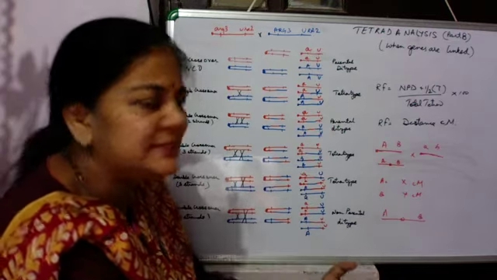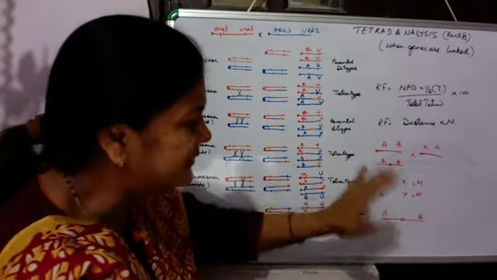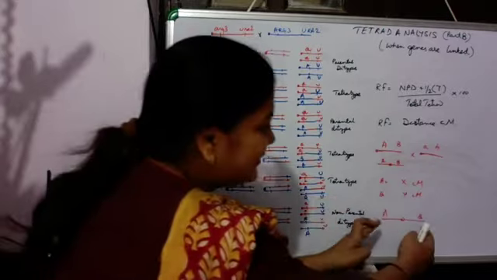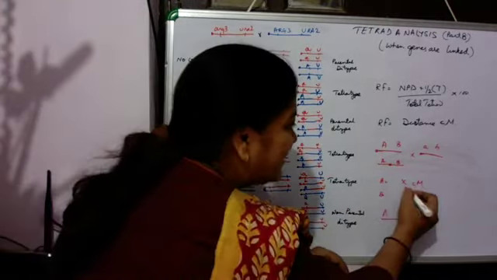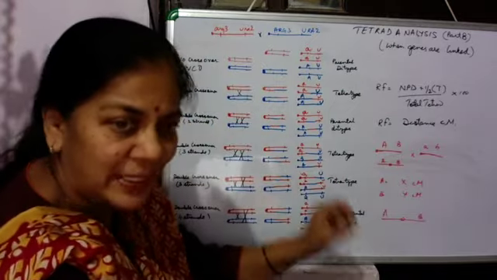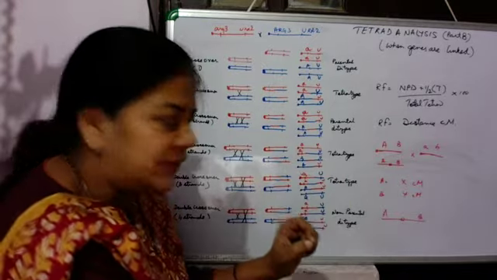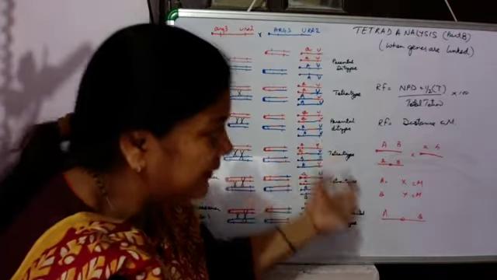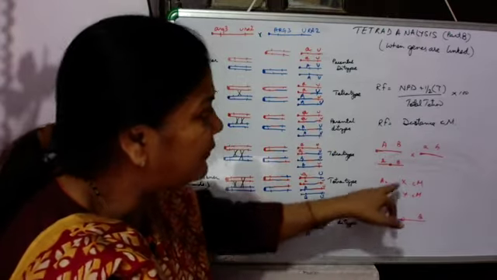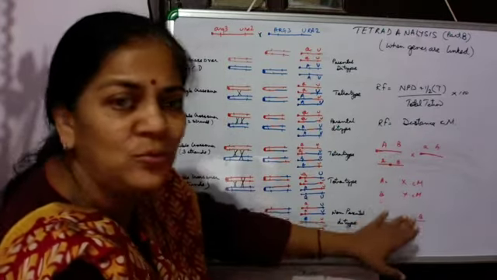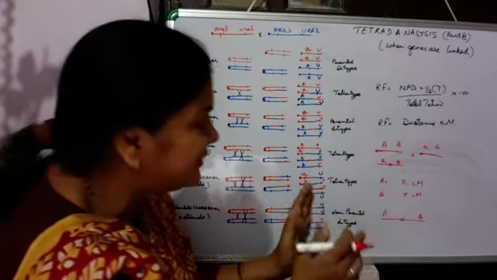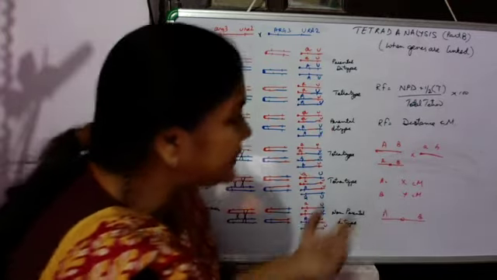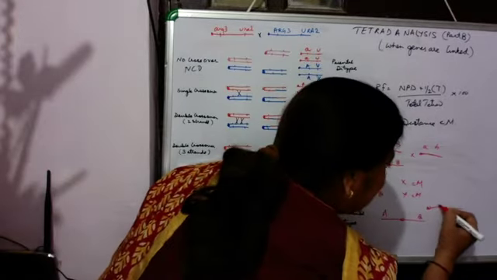So what I am saying is, while doing this analysis, if you find that the distance between A and B is much more compared to X independently or Y independently, or in other words, if the distance is a summation of X and Y, you know that the two genes are on the two sides of the centromere. If the distance between these two is less compared to any of these, then you know that the arrangement is like this.